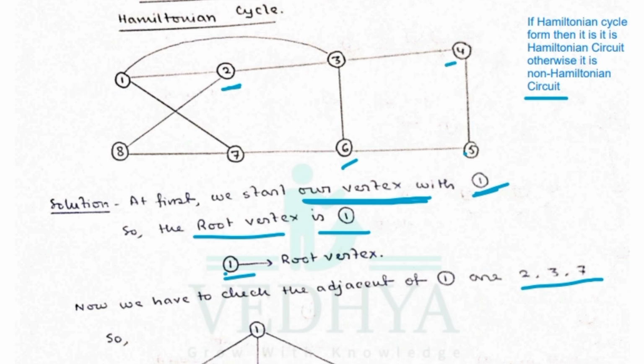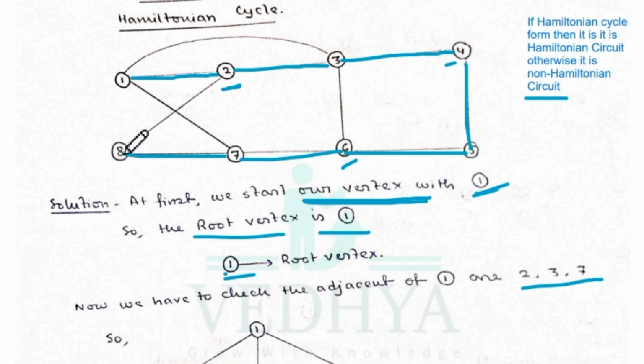So from the graph we see, if we go 1 to 2, then 2 to 3, then 3 to 4, 4 to 5, 5 to 6, 6 to 7, 7 to 8, 8 to 2. But from 2 we have to return to 1, and the path 2 to 1 is already traversed, so it is not a valid path.